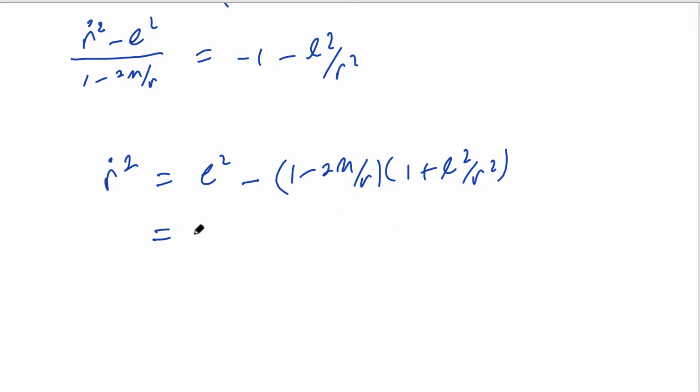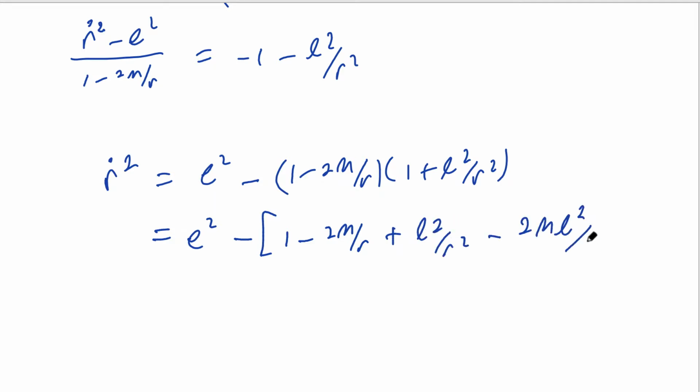And now expanding the right-hand side, we have E squared minus 1 minus 2m over r plus L squared over r squared minus 2m L squared over r cubed. And now I'm going to multiply through this equation by 1/2. We'll see why later on.